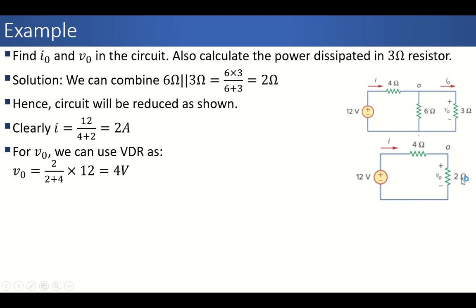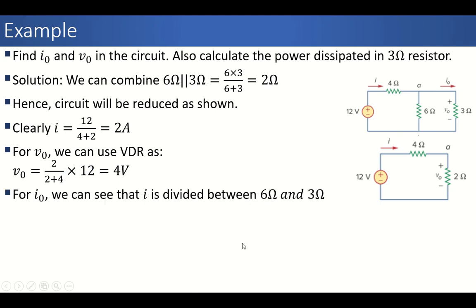V naught will be the resistance across which we want the voltage, that is 2, divided by the sum of the resistances, 2 plus 4, multiplied by the total applied voltage, that is 12. So 2 into 12 is 24, divided by 6, is 4 volts. So V naught is actually 4.